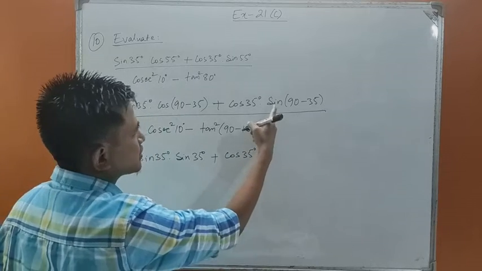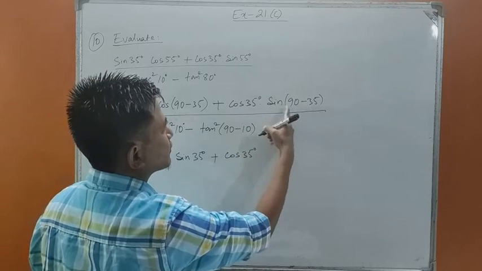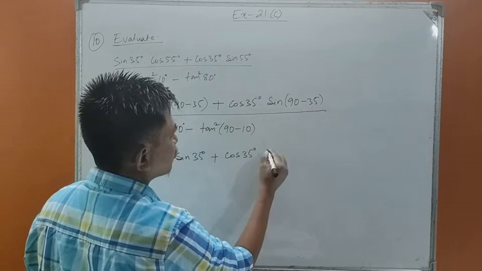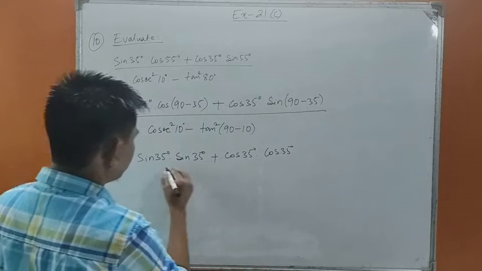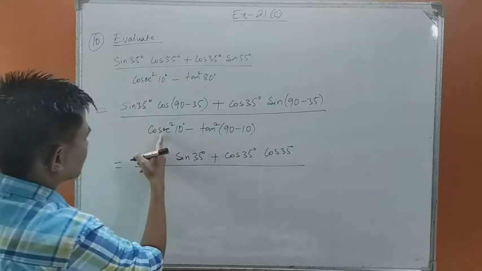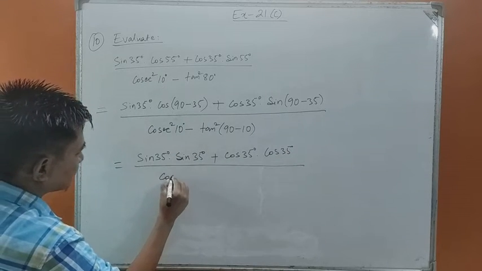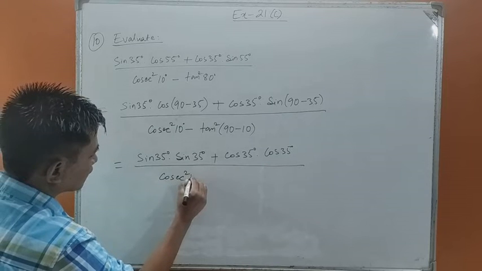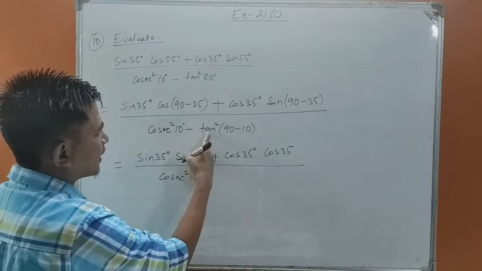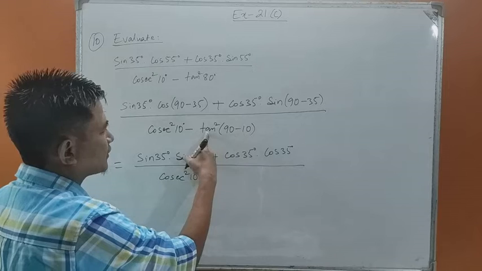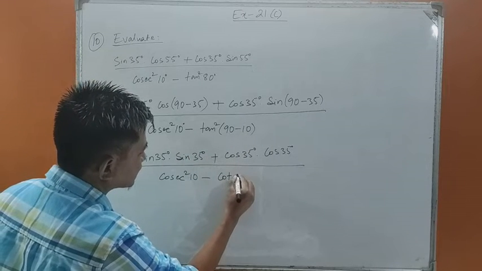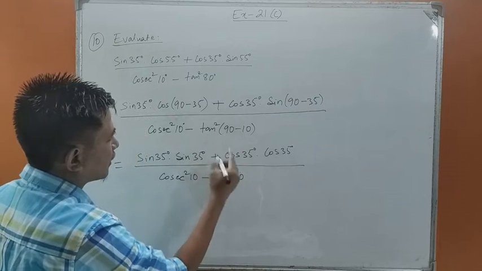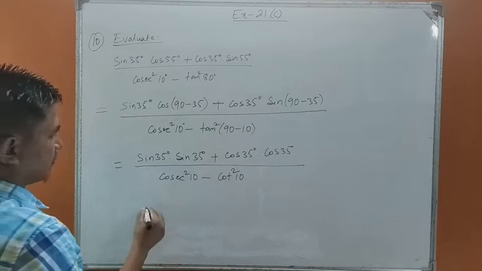Here we have sin 90 minus 35, that is sin 90 minus theta, that is cos theta, cos 35. So in the denominator we have cosec square 10 degree minus tan 90 minus theta. Tan 90 minus theta is cot theta. Theta is 10 degree, but we have square here, so we must put the square as well.